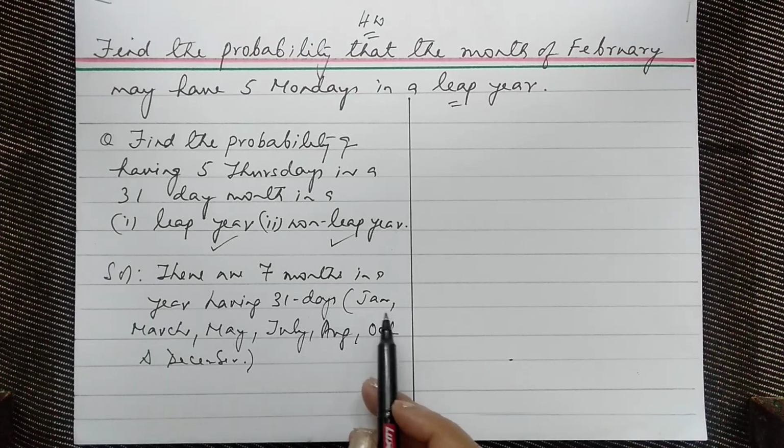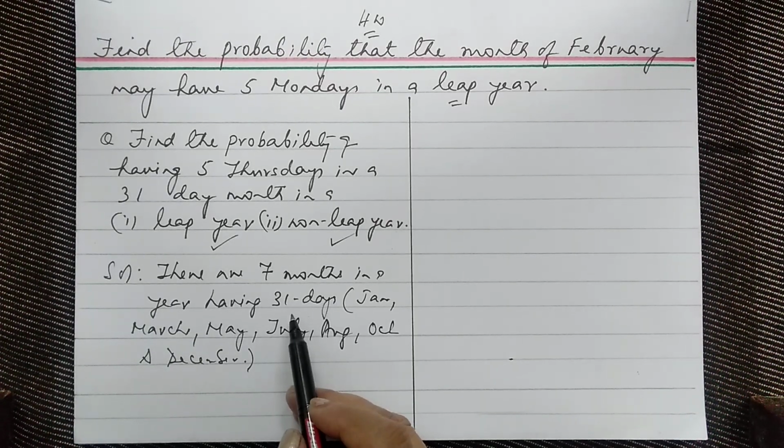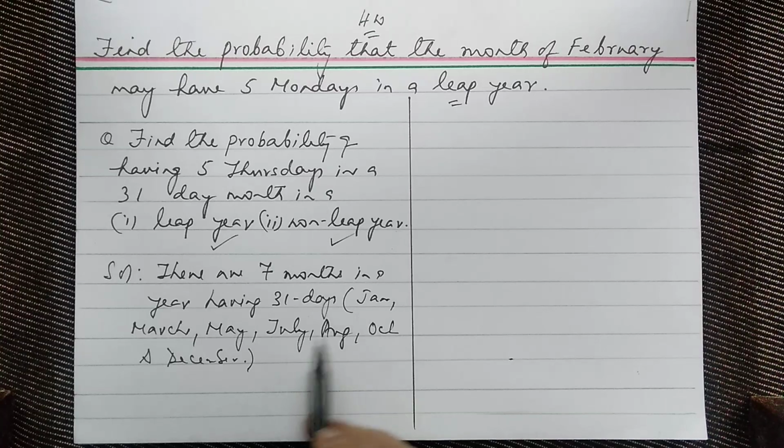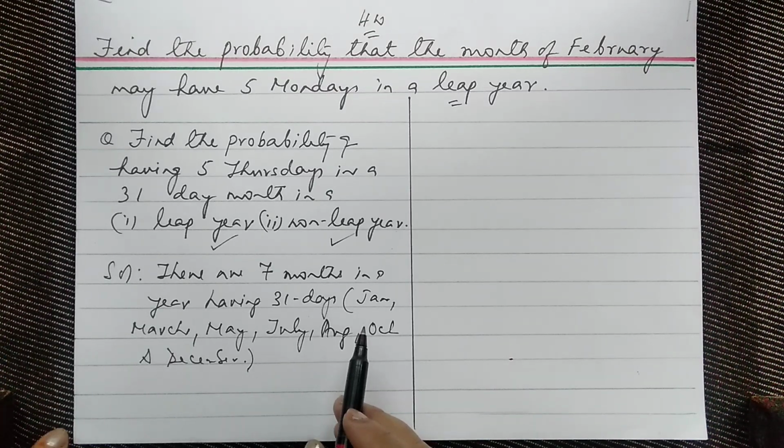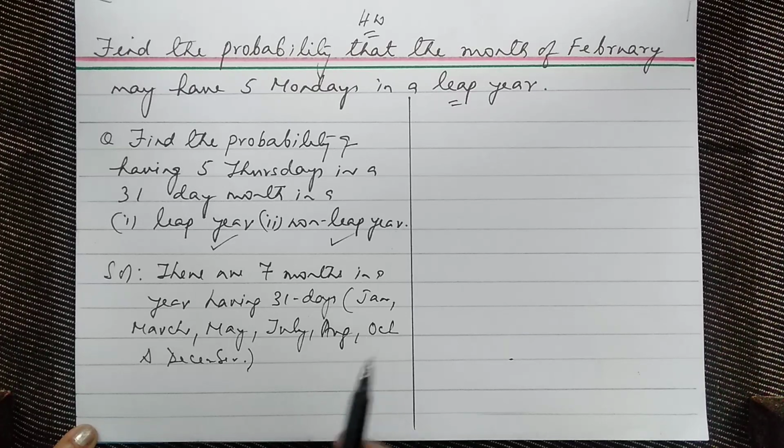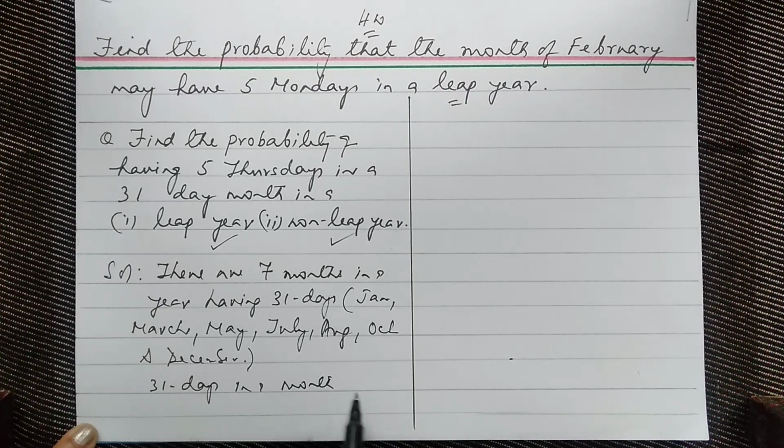So any question set on these months would instantly make you aware that they have 31 days. So 31 days means what? That 31 days in a month is equal to what?